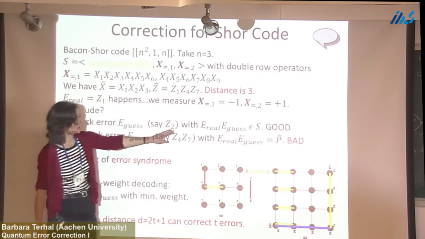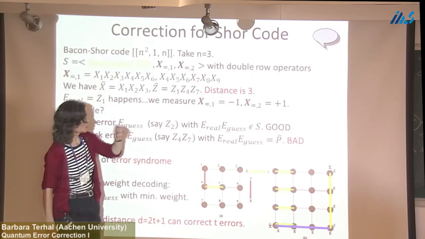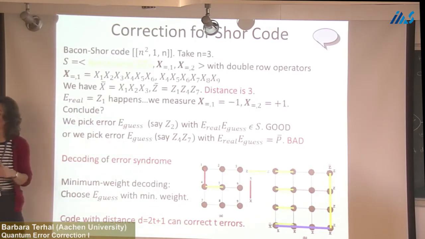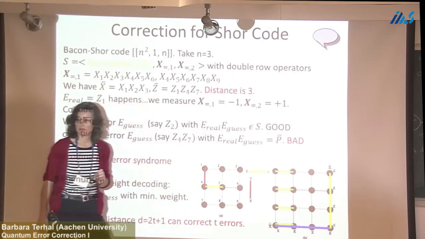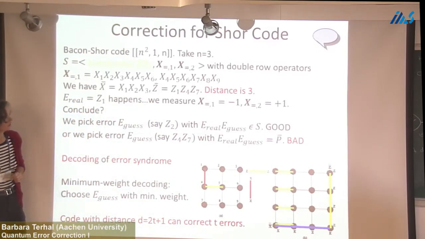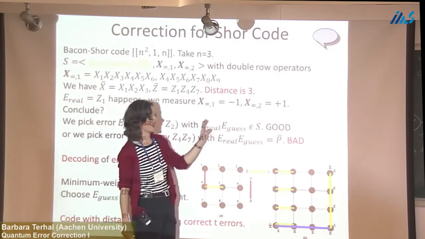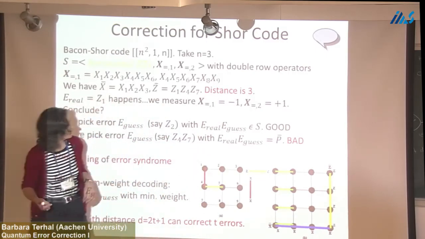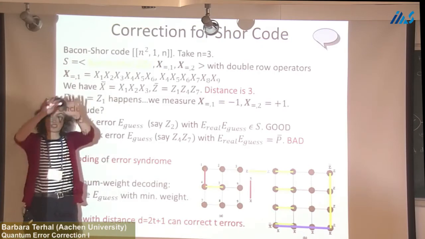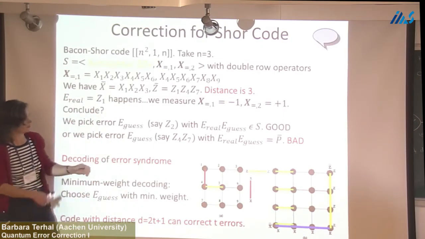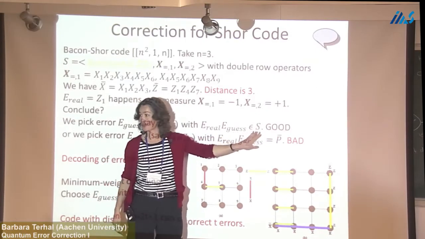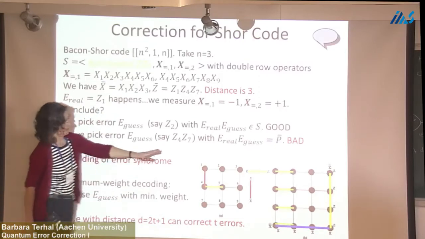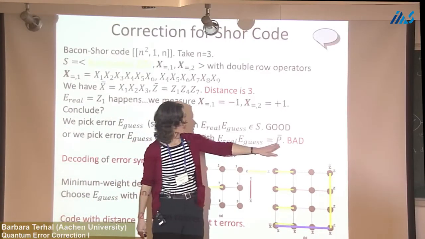So actually, maybe I should say this. The property that E-real and E-guess have is that they both have the same syndrome, right? And that implies that the product of them will commute with all elements in S. So E-real times E-guess, which is the real physical process that happened, is an element in the centralizer of S. So it's either in S, which is good, because I basically corrected the error modulo an element in the stabilizer, or E-real times E-guess is a logical operator.